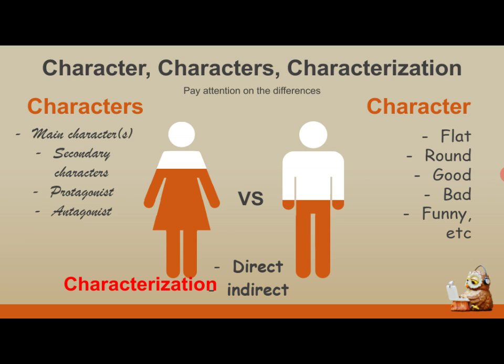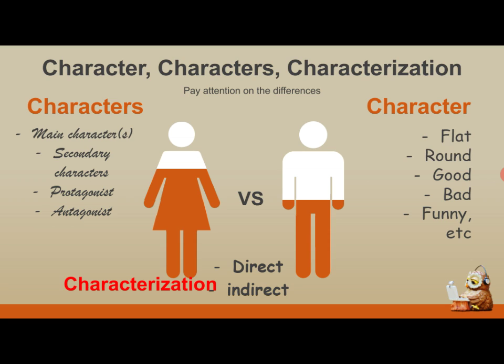And then indirect is that we could see it from the dialogue, from other points of view. What is meant by points of view here is the points of view of other characters. The way other characters record the character, that is the indirect way in characterization.